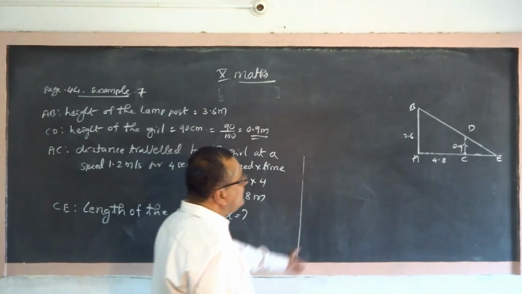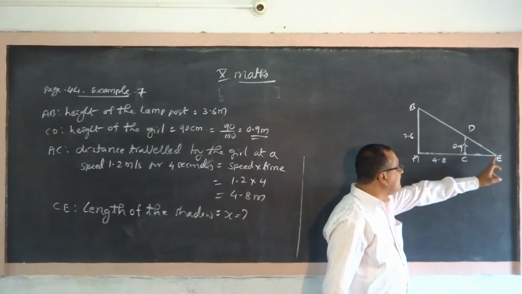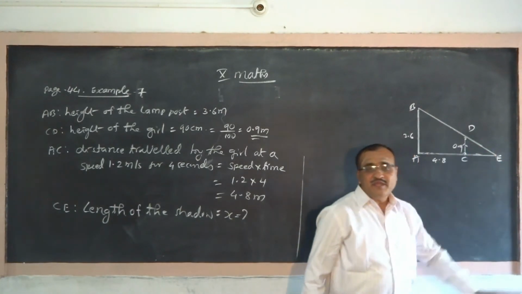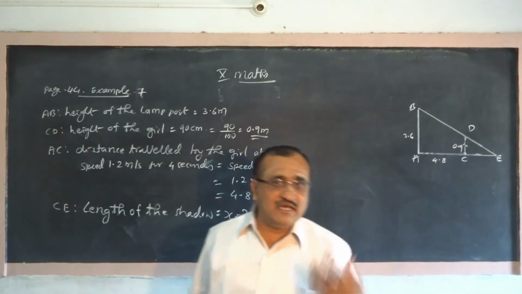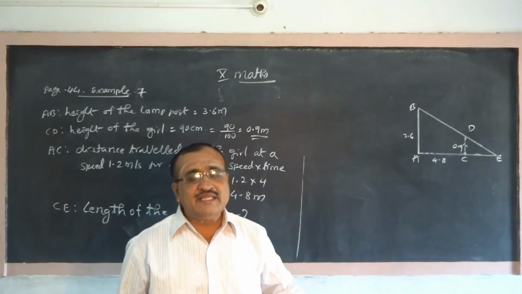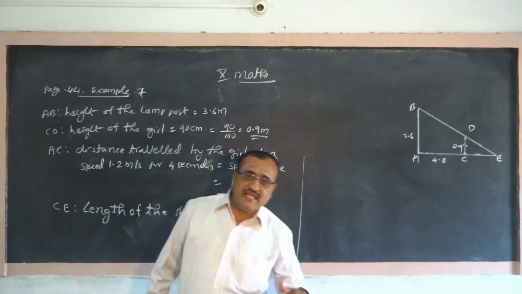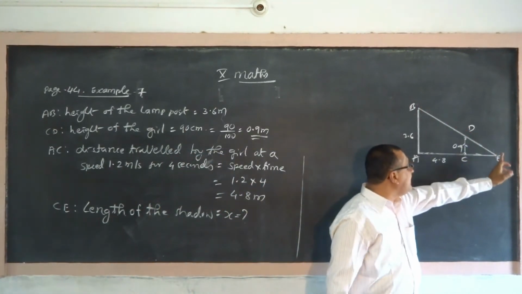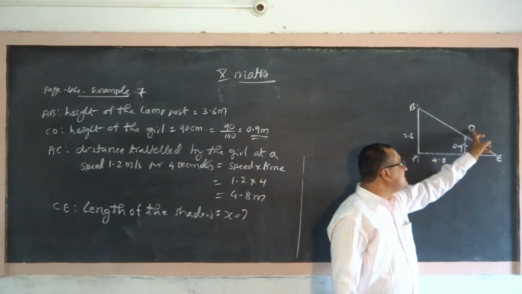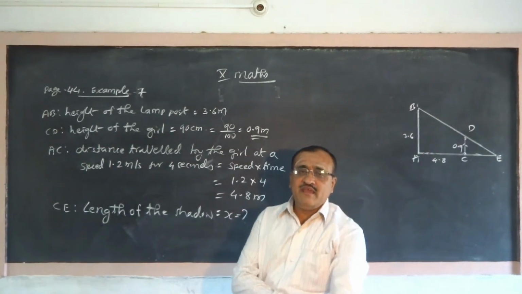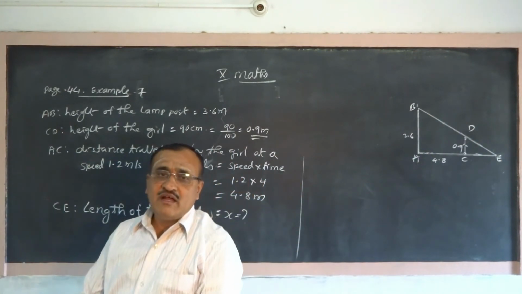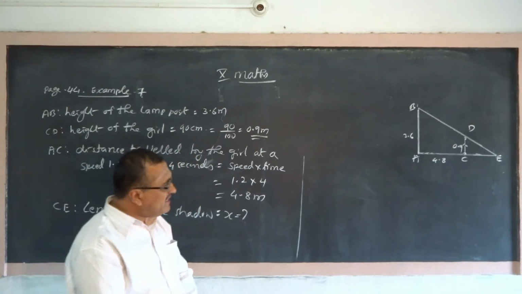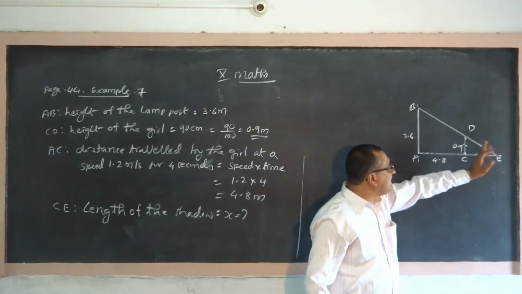Now take triangles ABE and CDE, show that they are similar. After showing that similarity, you take the ratio of the sides, you will get the answer. How do you show that they are similar? Very simple. Angle E equals angle E, common.